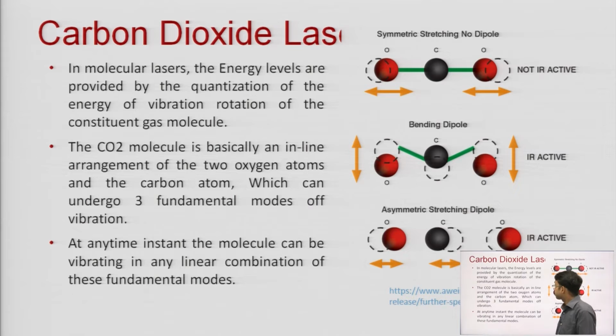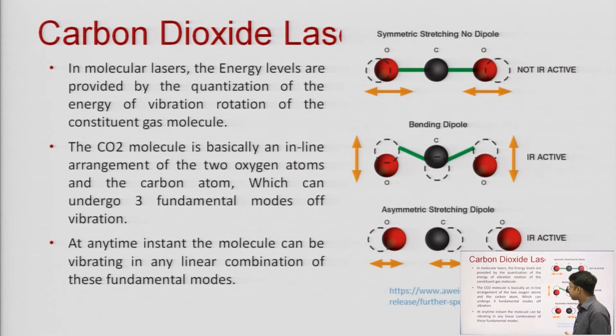So, over here you can see the CO2 molecule, and it has three vibrational modes: a bending mode, a symmetric mode and an asymmetric mode. The CO2 molecule is basically an inline arrangement of two oxygen atoms and the carbon atom, which can undergo three fundamental modes of vibration: bending mode, symmetric mode and asymmetric mode.